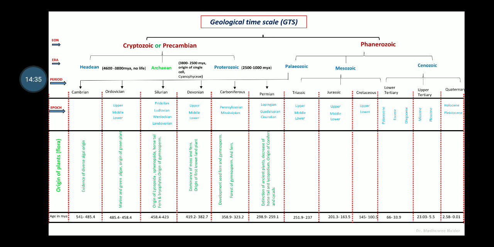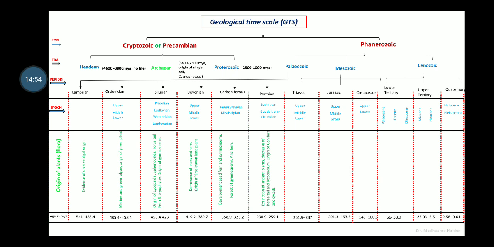So in this Permian, the ancient plants also went extinct, and some conifers and cycads originated.